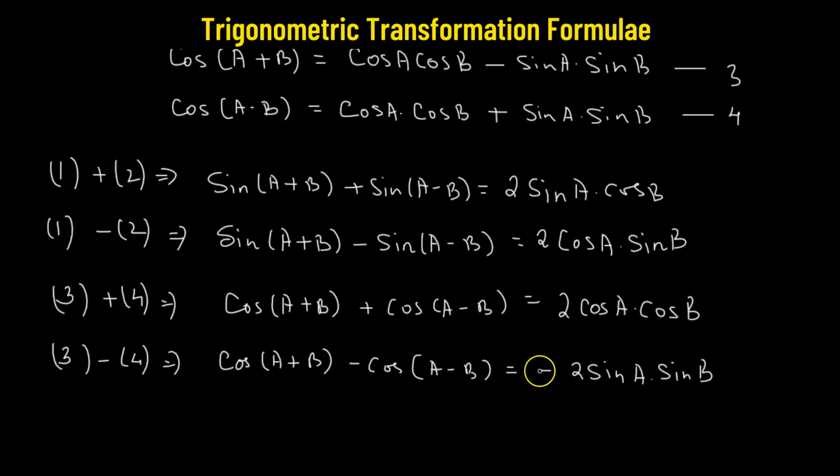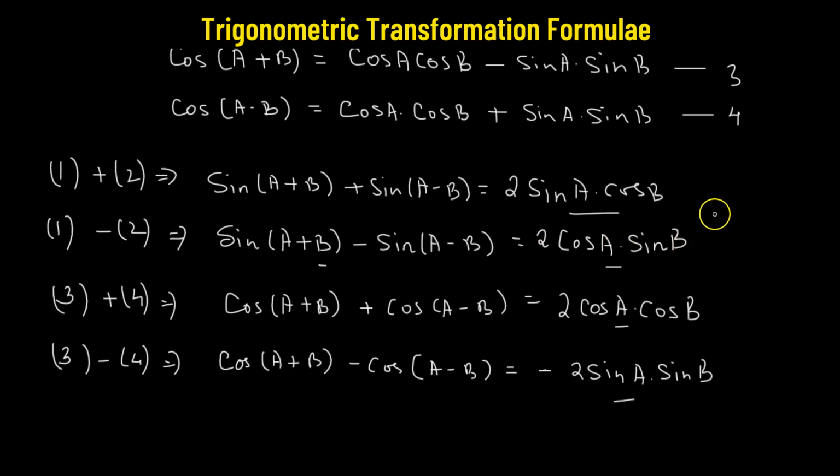Here we have to be a little bit careful with the sign. Everything else will be positive. These are known as transformation formula, because if we have the product of two trig functions, for instance sine A times cosine B, that converts into the sum of two trig functions. Similarly, we can pick up any product. In the second one, cosine A times sine B, their product gets converted to the difference between two trig functions.